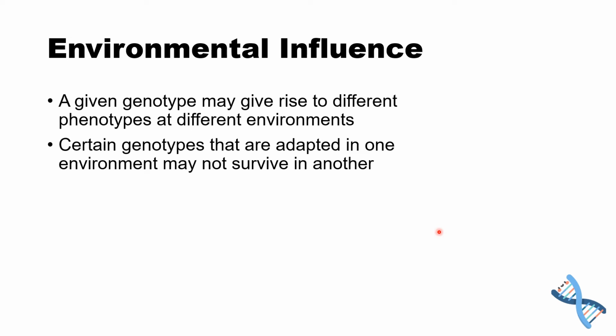Then, certain genotypes rin that are adapted in one environment may not survive in another. So, baka may gene ka on, like for example, you have genotype of the animal that expresses white color pag nasa cold temperature ka.